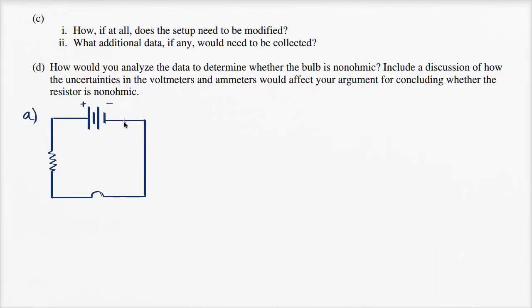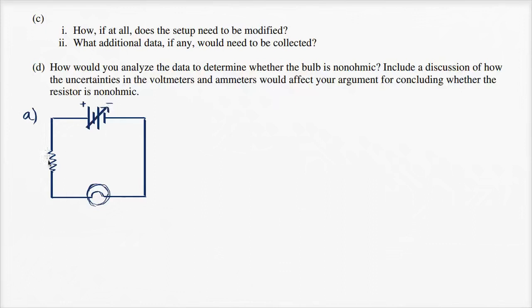All right, let me draw it a little bit better than that. So it would look something like this, and then let me put a circle around this. This is our incandescent light bulb. This is our power source, and to show it's a variable power source, I can put an arrow across it like this. That shows us that it is a variable power source.